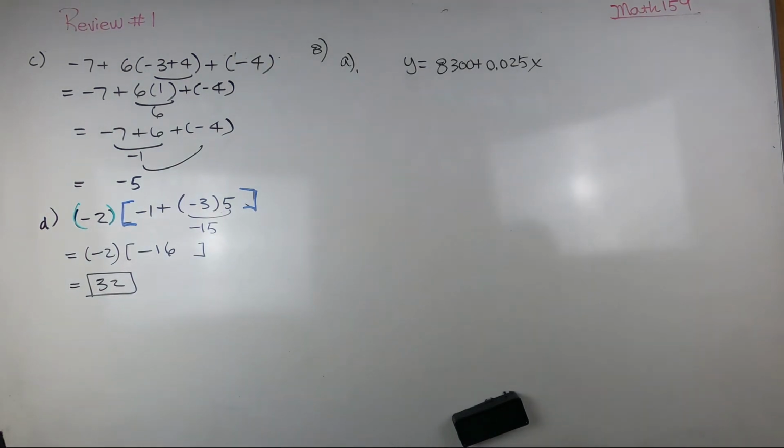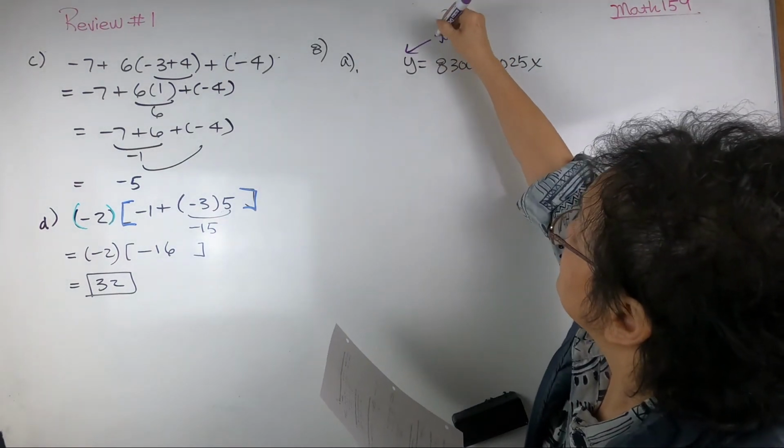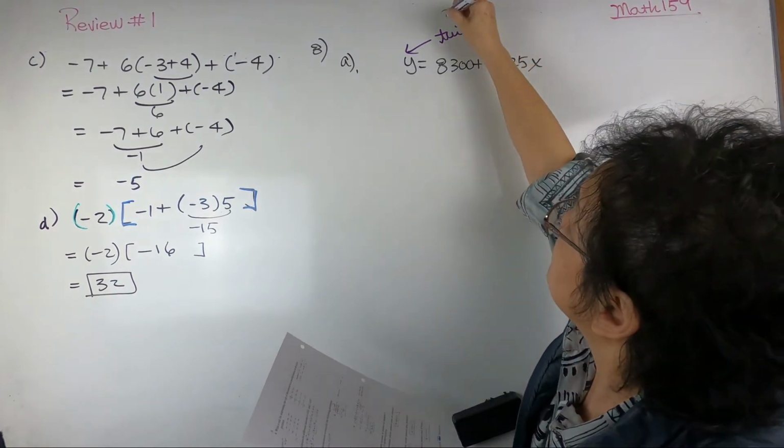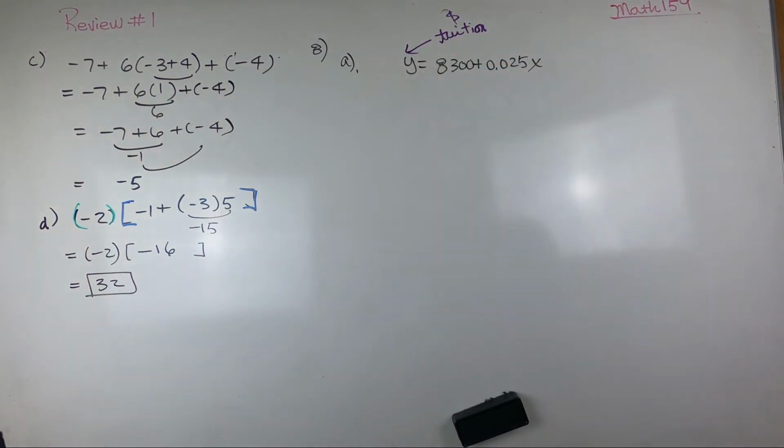Because you will see the two variables, X and Y, but you have to identify the meaning for each one. What do they represent? Okay, what is Y? It says Y with cost in dollars of tuition Y. So Y is what? The tuition you need to pay. Okay, with dollars.